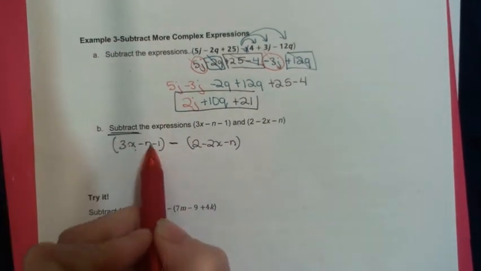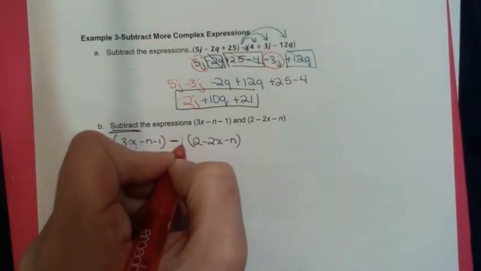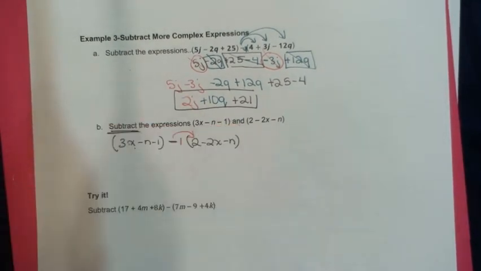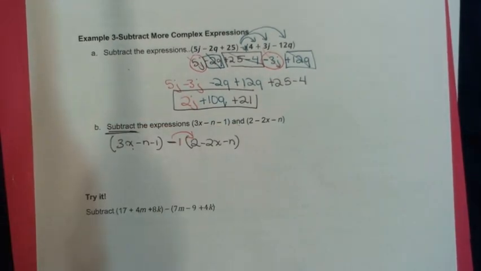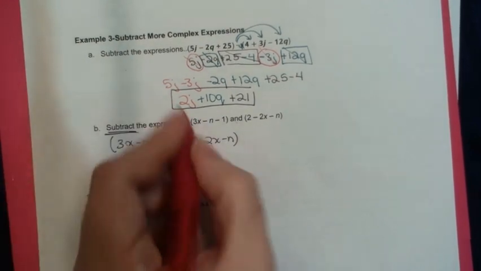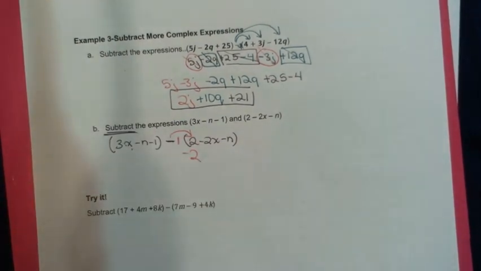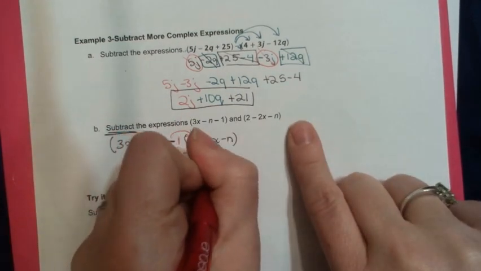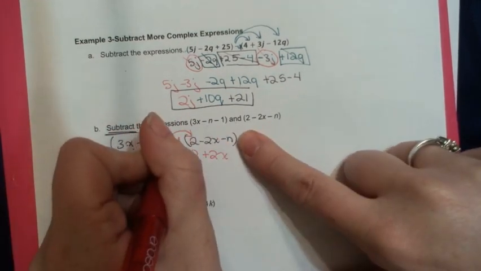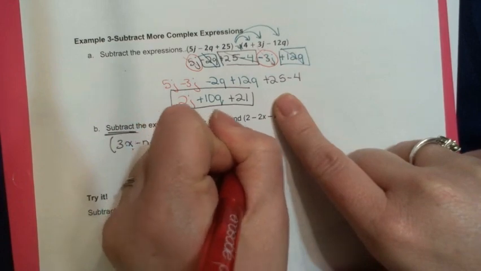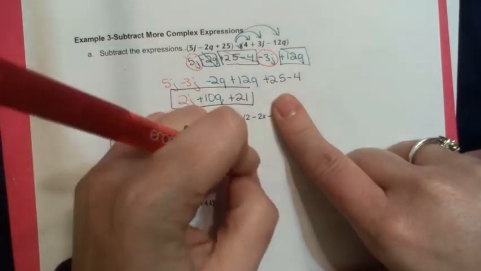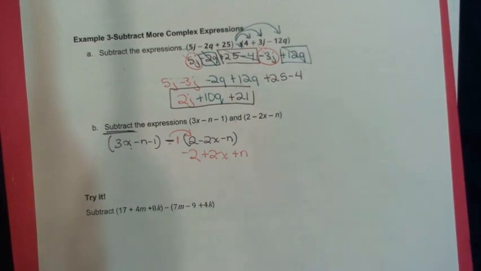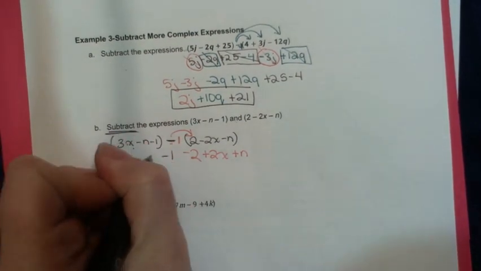Remember, when you're subtracting expressions, you need to distribute that -1 inside the parentheses. So -1 times a positive 2 will leave me with a -2. Negative times a negative will leave me with a positive 2x. And a negative times a negative n will give me a positive n. I'm going to go ahead and take off the parentheses.